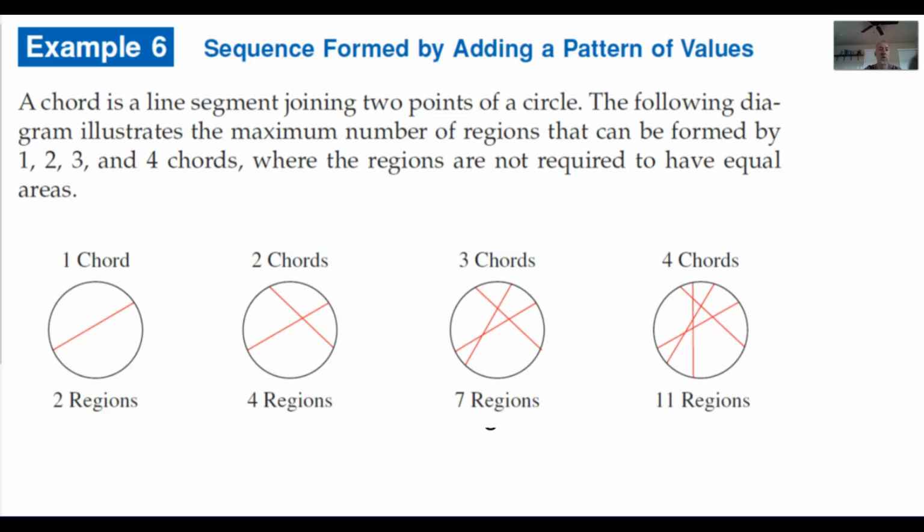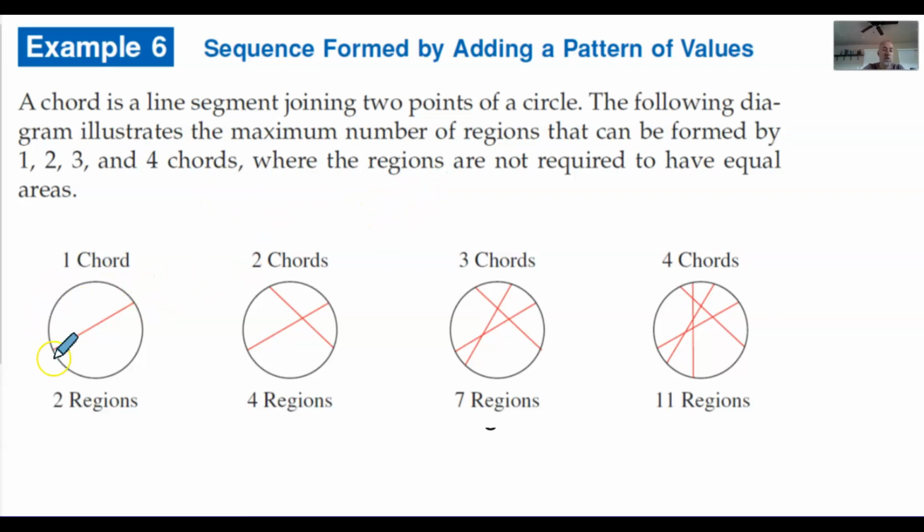Alright, the last example we're going to look at for this video is about chords in a circle. I'll just read it to you. A chord is a line segment joining 2 points of a circle. The following diagram illustrates the maximum number of regions that can be formed by 1, 2, 3, and 4 chords, where the regions aren't required to have equal areas.